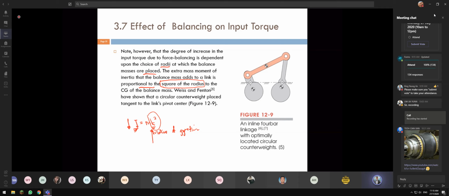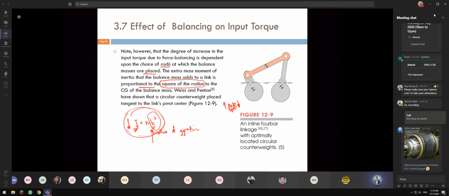So Weiss and Fandon have shown that a circular counterweight placed tangential to the link pivot center will give a better result. What it means here is that even though we need the m-r product, in order to reduce this torque effect, or the mass moment of inertia effect, we rather choose a smaller r, so that we can have a bigger m.